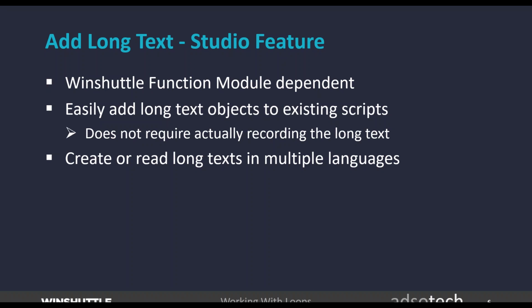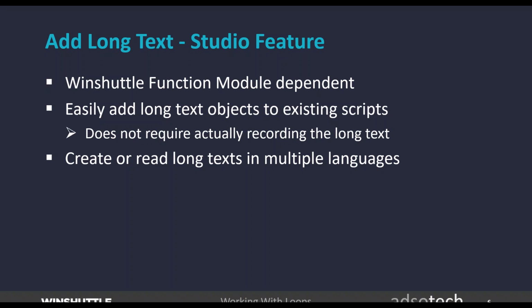The first thing is that whether you have this feature available depends on your Winshuttle function module. If you're not familiar with it, the Winshuttle function module is the component of the Winshuttle solution that is installed in your SAP system. Your basis team will need to install it there, and probably most of you already have it.